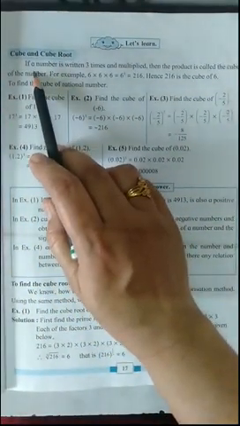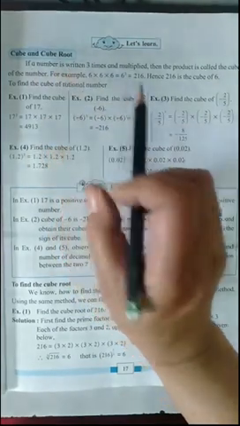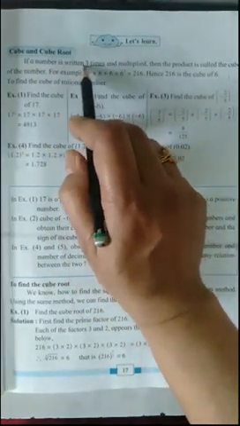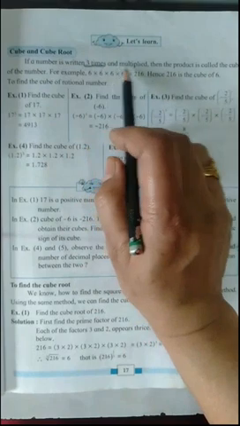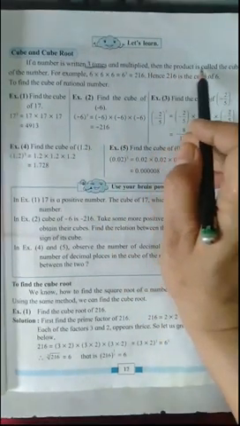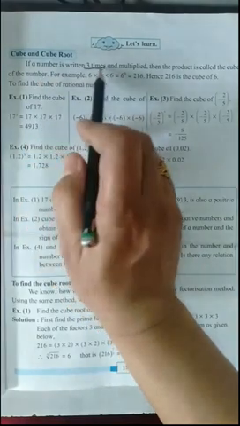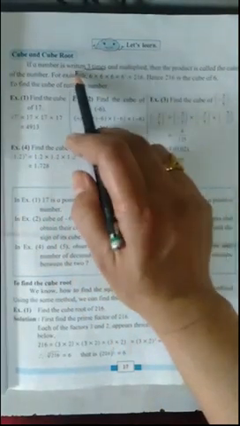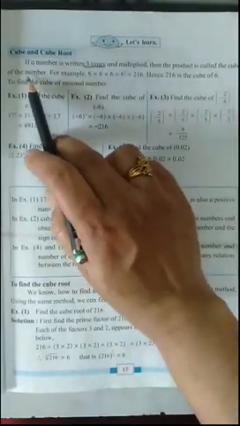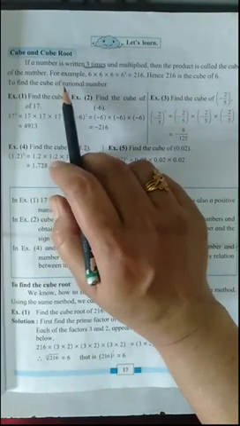What is the definition of cube? If a number is written 3 times and multiplied, then the product is called the cube of the number. Means 3 times multiplication of the same number is called the cube of that number. Very simple.